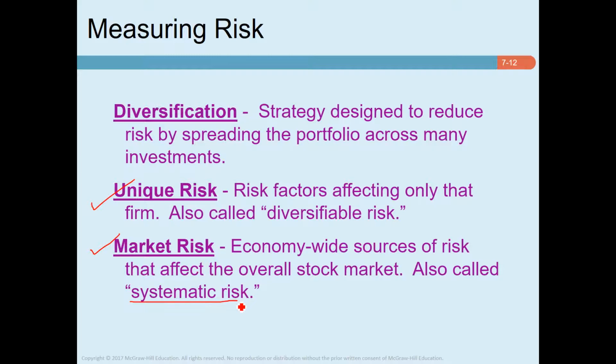Now let me give you some examples. Let's say that a very successful CEO of a company resigns, and as a result, its stock price declines. So what type of risk is this? This is definitely a unique risk. Why unique risk? Because the CEO resignation and its stock price decline is completely a case of one individual company.